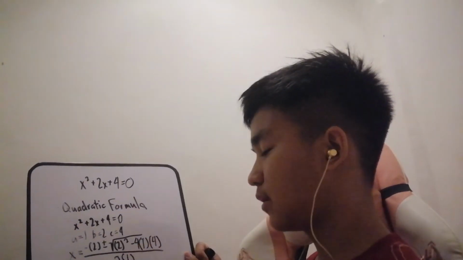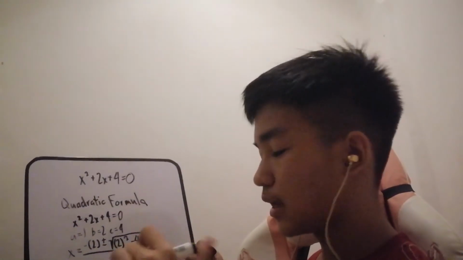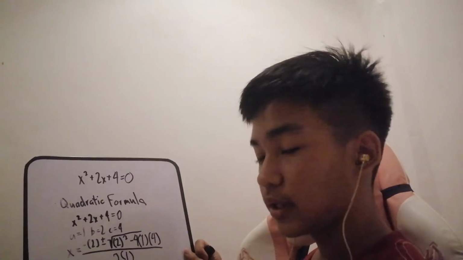So the first solution is equal to -2 plus the square root of -12 over 2. And then our second solution is... so after we get the first and second solution, we will now get the answer.